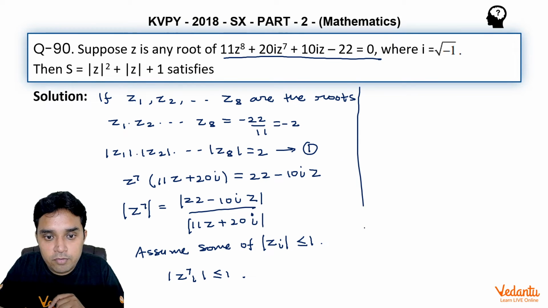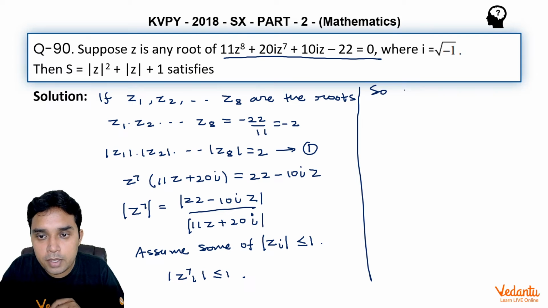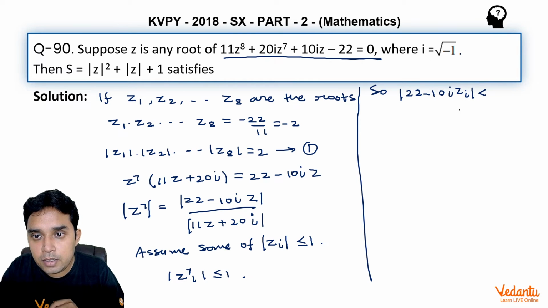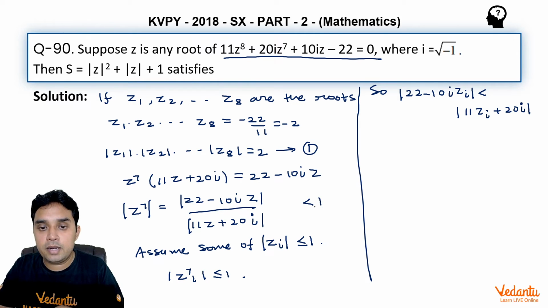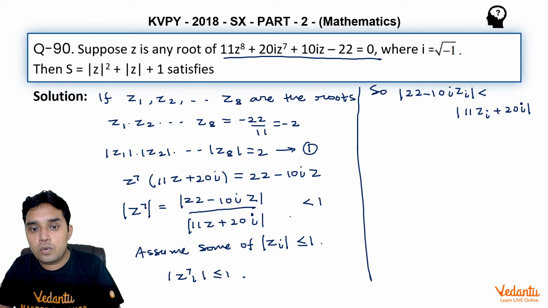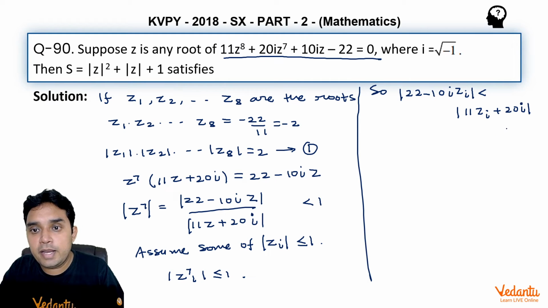So we will have |22 - 10i zi| less than |11 zi + 20i|. If |zi^7| is less than 1, we can directly multiply because all quantities are positive. So we will get like this.